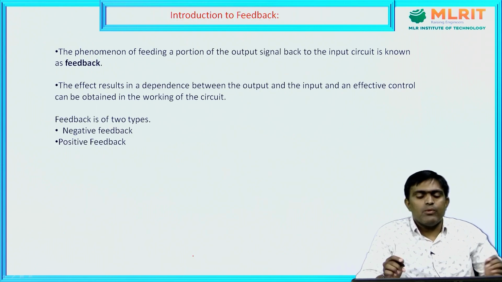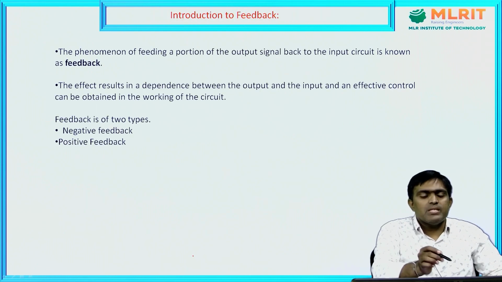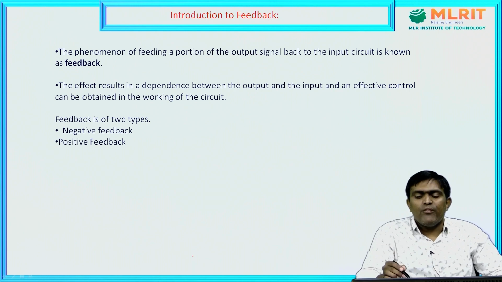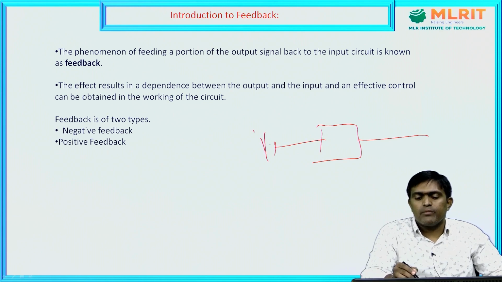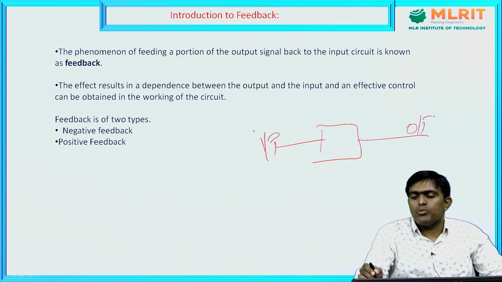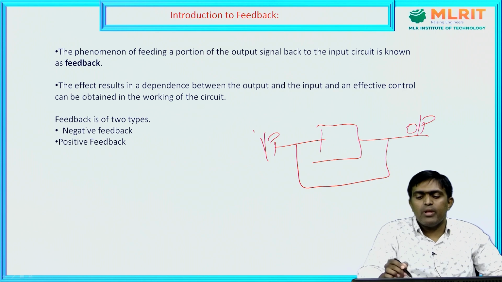First of all, we will see what we mean by feedback. Feedback is the phenomenon of feeding a portion of the output signal back to the input. For example, this is the input and here we have the output. A portion of the output is fed back again to the input.